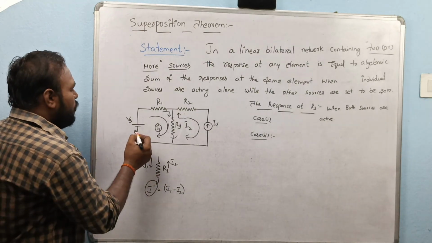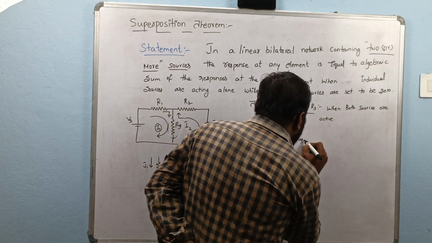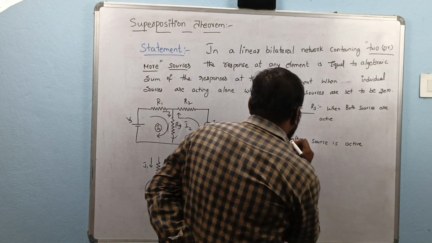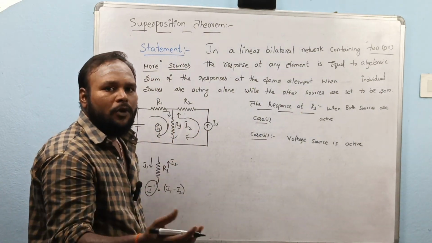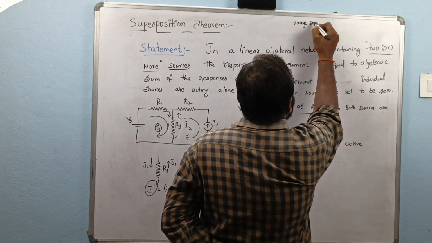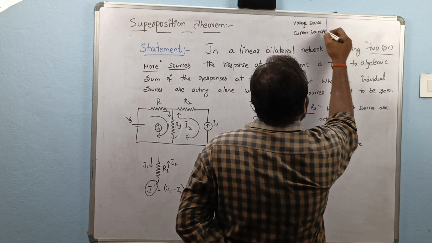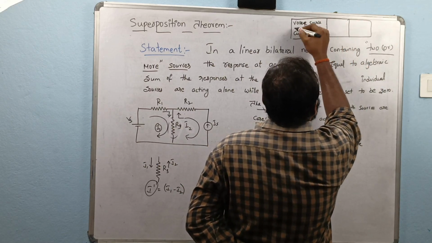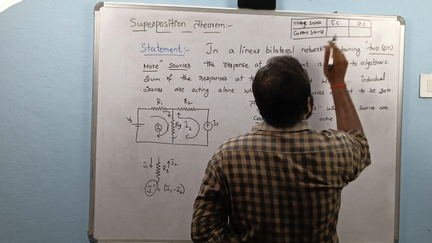So in case 2, I am going to make the voltage source active. If the voltage source is active, the current source has to become 0. Considering voltage source and current source, we have two things: short circuit and open circuit.